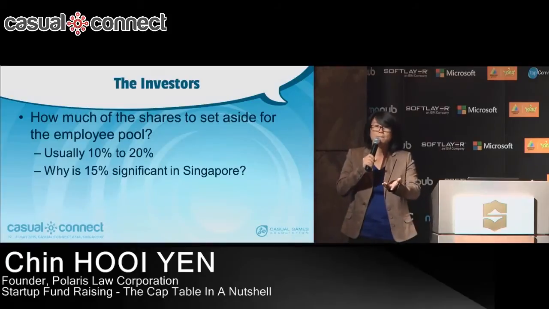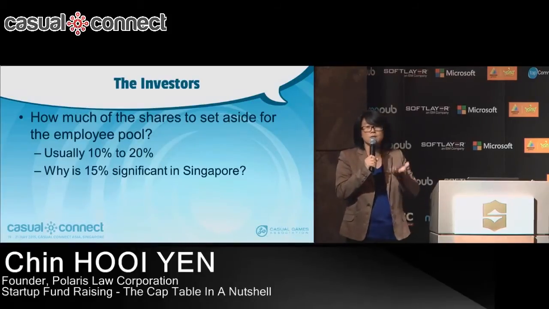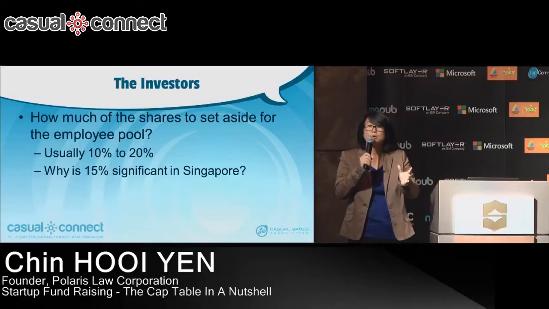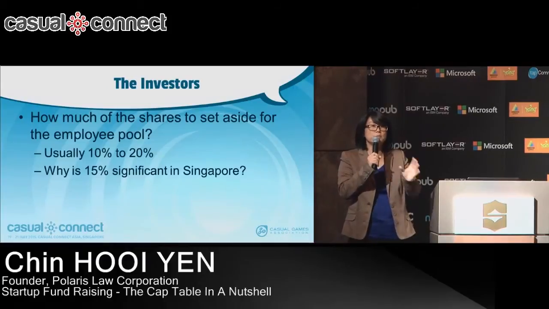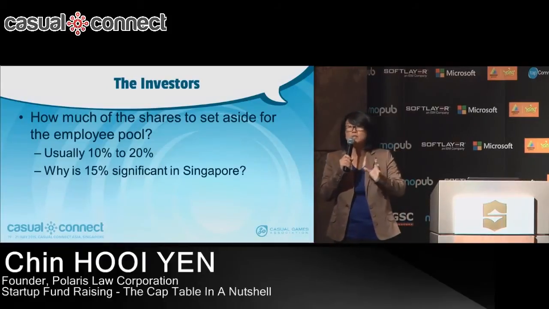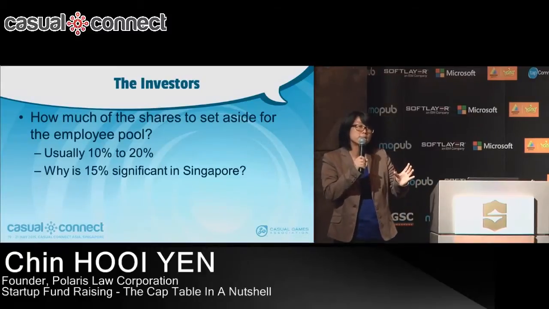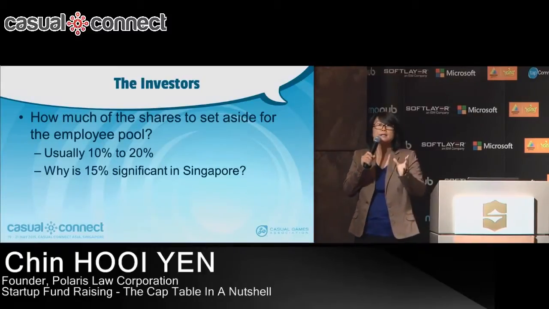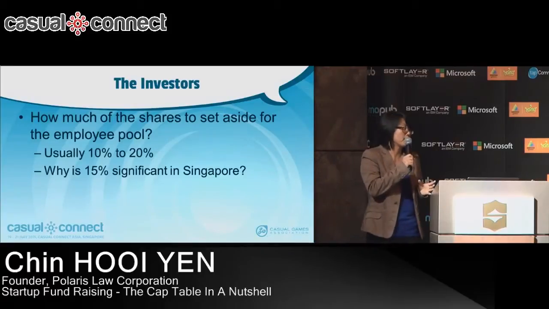In Singapore, for those of you who are familiar, if you list on the Stock Exchange of Singapore, there is a requirement that your employee share option pool can never exceed 15% of your issued share capital. So 15% has ended up being sort of like the guiding number for a lot of Singapore companies, okay? So that's why 15% is something that you see quite common for Singapore startups, okay?